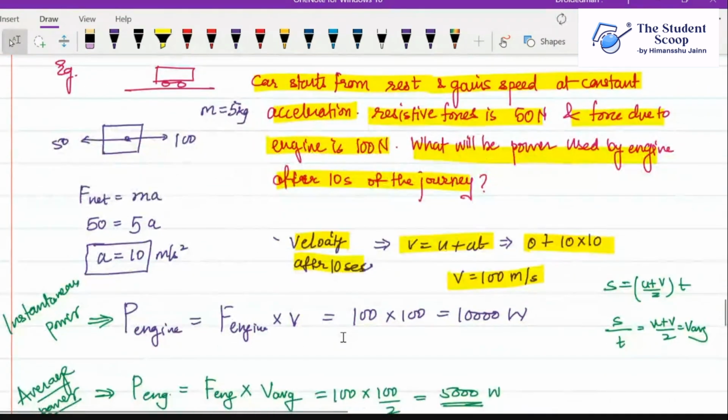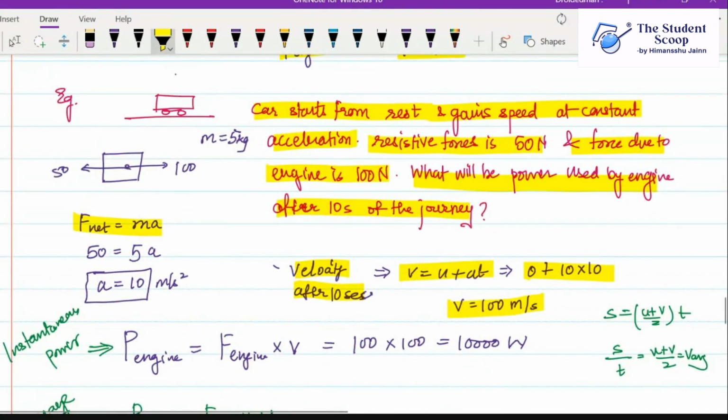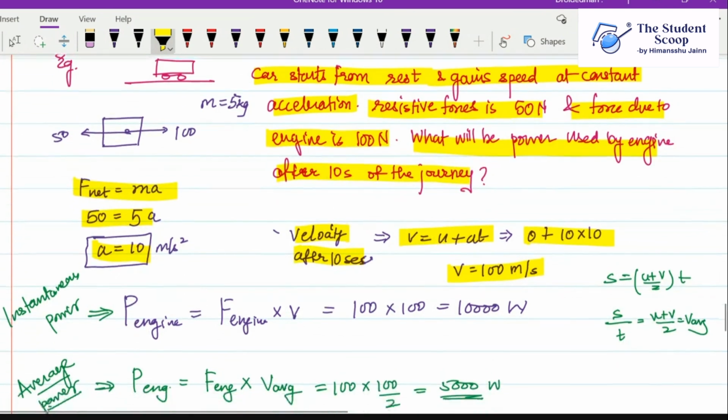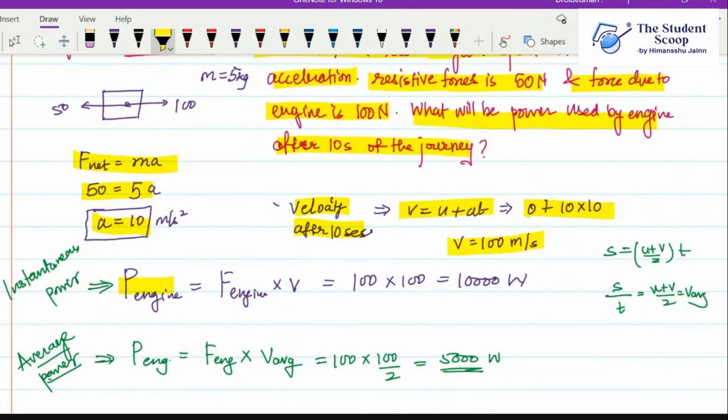Now here if I do net force is equal to mass times acceleration, the net force is 50 because 100 newtons is in the forward direction, 50 newtons is in the backward direction. So net force is 50 and the mass is 5 kg, so acceleration we will get as 10. Now these are the prerequisites when you are approaching a problem. Knowing these quantities using some other formula is always useful. Once we have done that, we can calculate the instantaneous power.